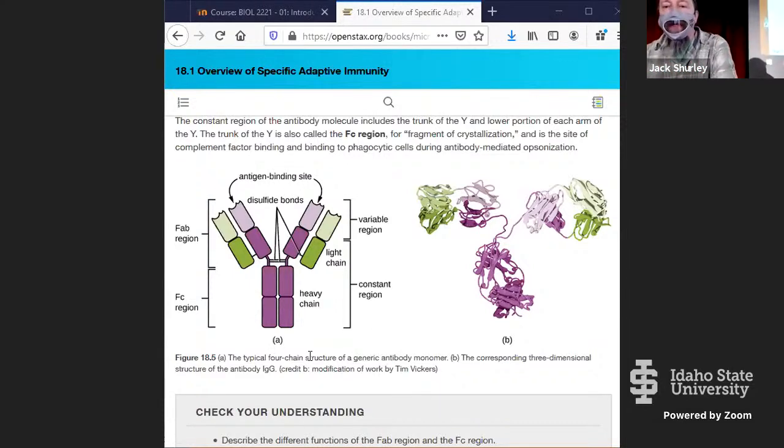But real quickly, as we look at this, you can see in purple is the heavy chain, all right? In green, the light chain. These chains are linked together by disulfide bonds, so each of these separate chains have some cysteine amino acids.